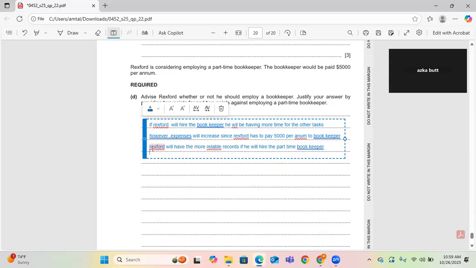However, the bookkeeper will not prepare the financial statements, because this is not the responsibility of the bookkeeper.